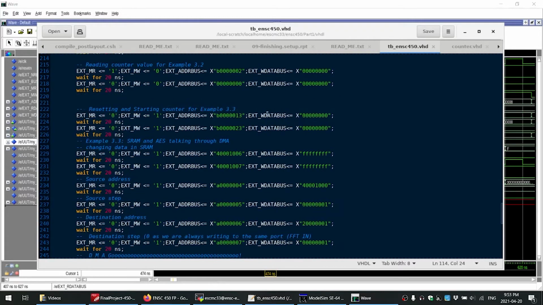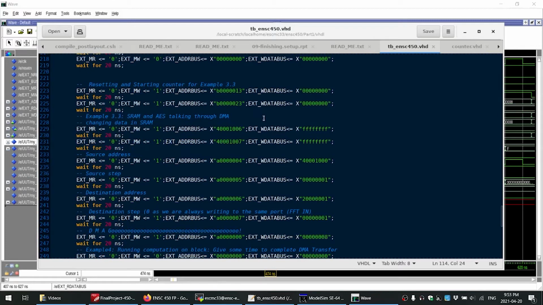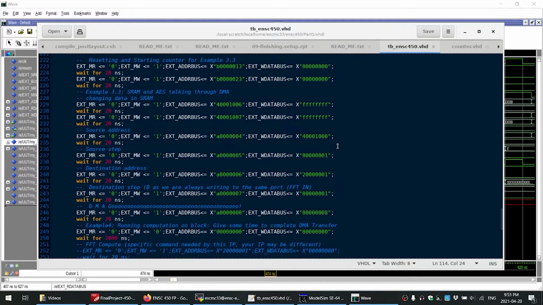Then there's the third test case, where the AES core is going to talk to the SRAM through the DMA. So the DMA is going to read data from the SRAM and then write it to the AES core as inputs.